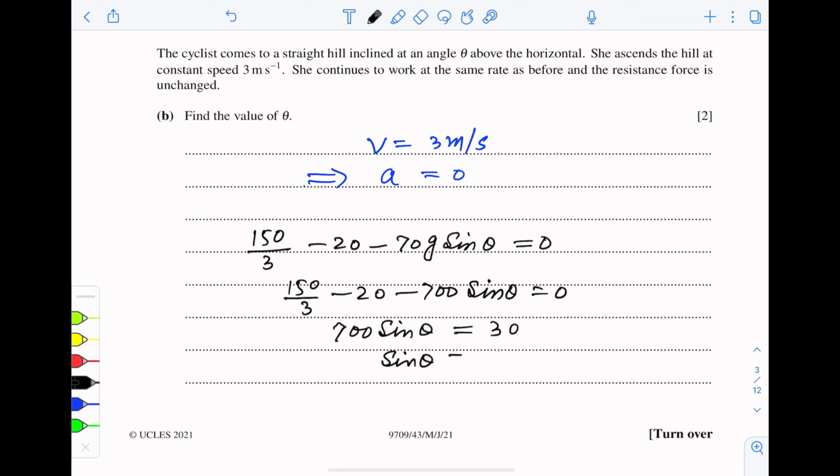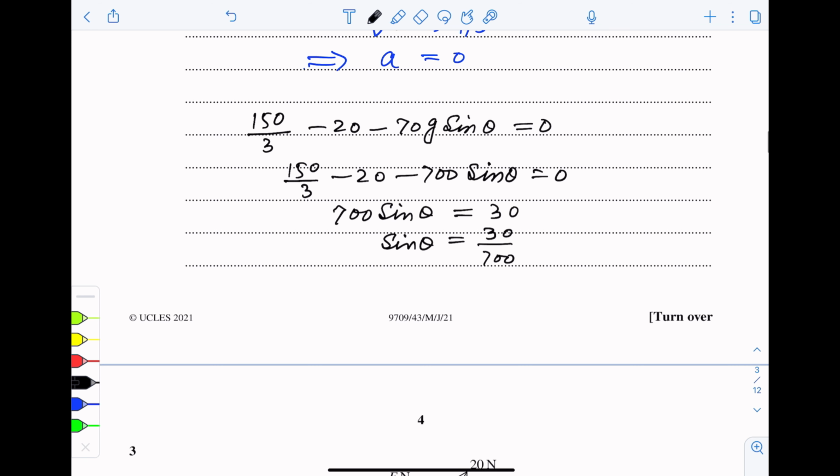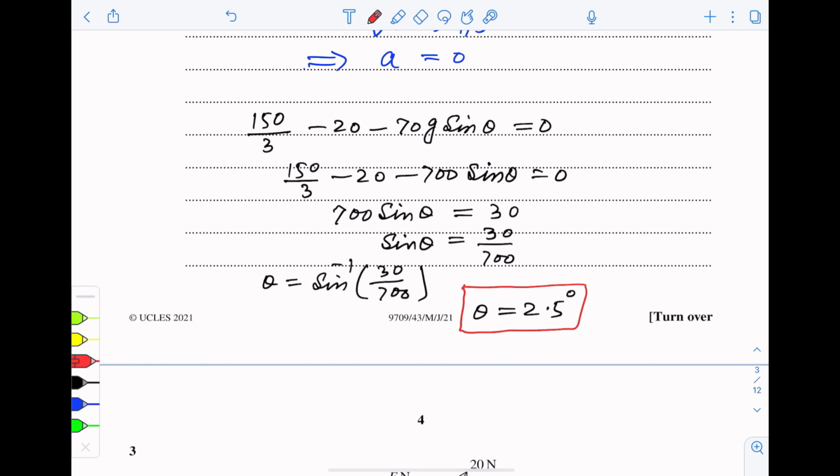Sin theta is equal to 30 over 700. After taking sine inverse, theta is equal to sine inverse of 30 over 700. So we get finally theta is equal to 2.5 degrees. This is the answer, correct to one decimal place.